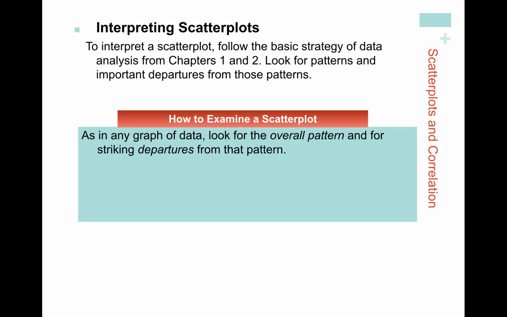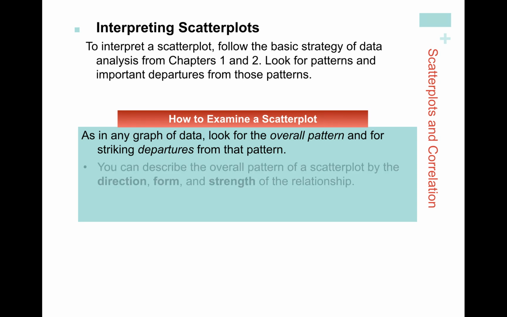As in any graph, before you talk about the direction, form, strength, or outliers, look for the overall pattern of all of the dots, and then any dots that really depart from the overall pattern. Then you want to describe the overall pattern of the scatter plot by talking specifically about the direction, form, strength, and outliers.